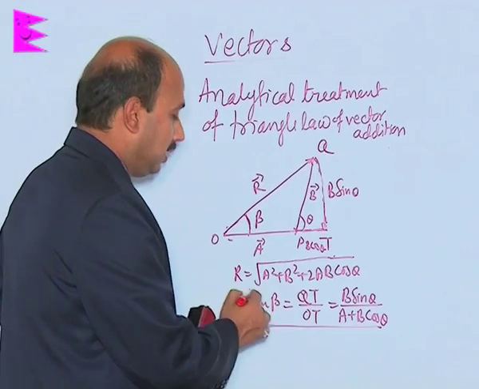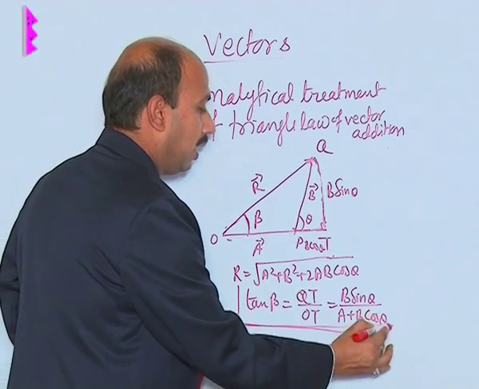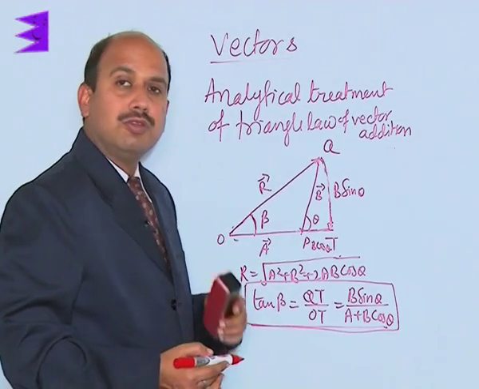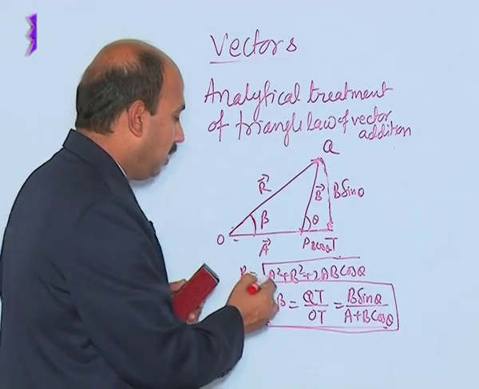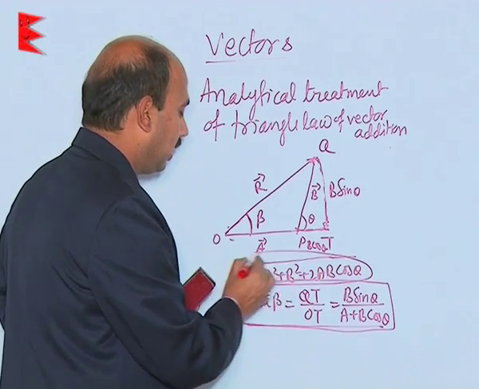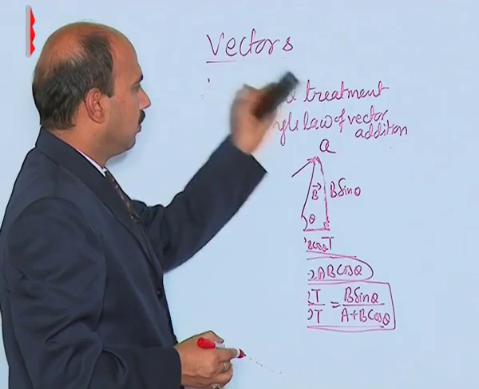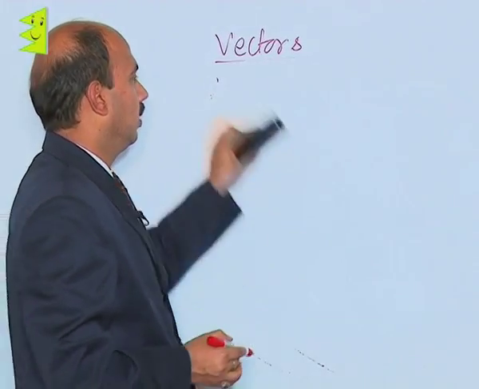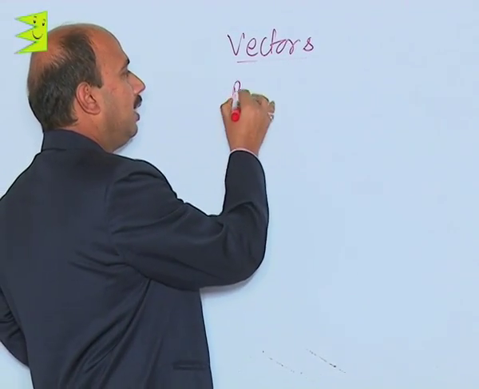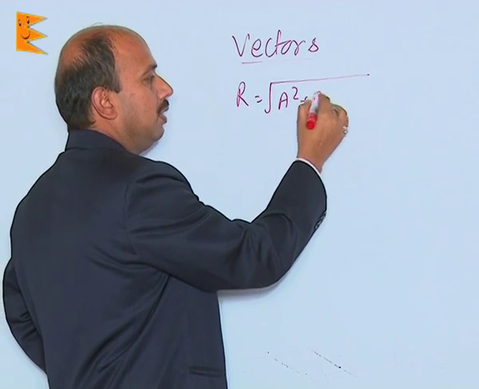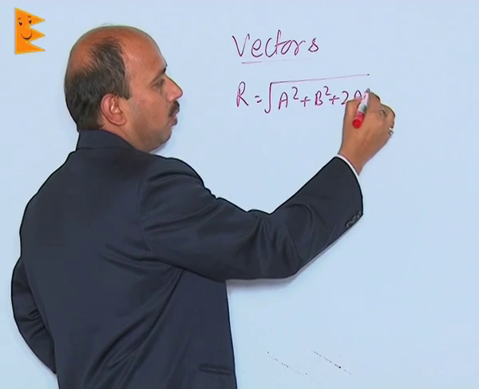So, by this formula you can calculate the angle between R and vector A. Now, see the different cases. Now, I will be using this main formula, the resultant of the two vectors. You know it, I am writing again this formula, R square is equal to A square plus B square plus 2AB cos theta.